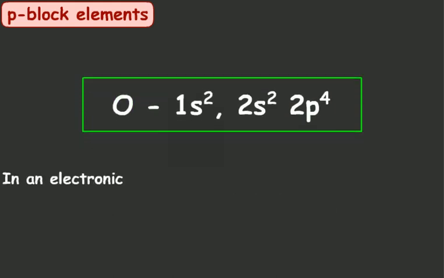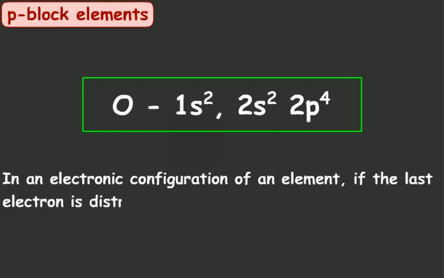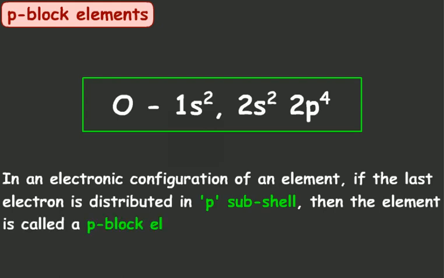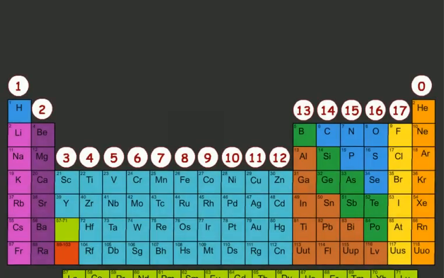In an electronic configuration of an element, if the last electron is distributed in P subshell, then the element is called a P-block element. All the elements of group 13, 14, 15, 16, 17 and 0 are P-block elements.